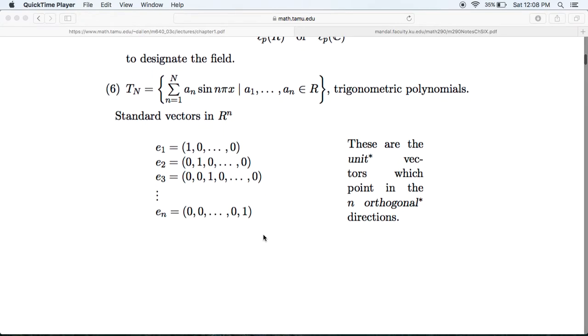Now in the Euclidean space Rn, there exist some standard vectors e1 to en, where this number 1 or 2 or 3 signifies a scalar 1 in that position. e1 means 1, 0 all the way to 0, n places. e2 means 1 in the second place, and so on.